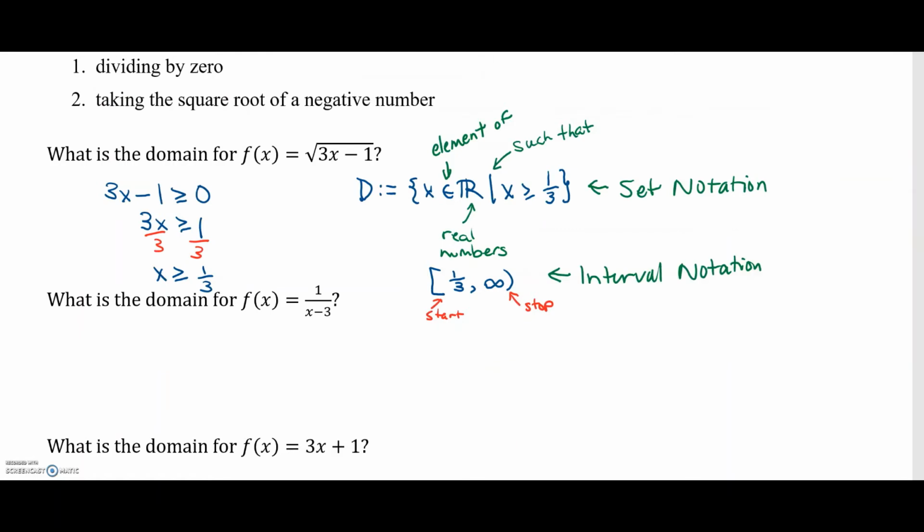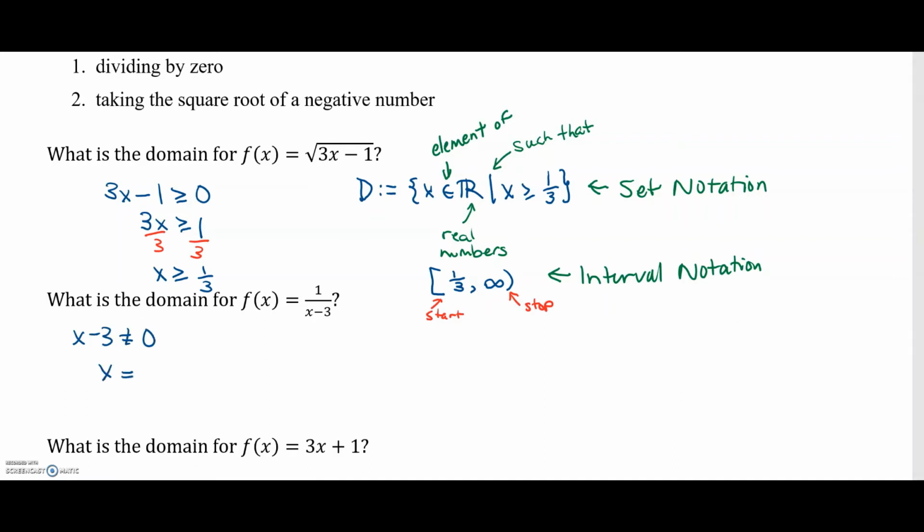So now we've looked at expressing a domain in set notation as well as interval notation for the function f of x equal to the square root of 3x minus 1. Now we're going to do the same thing and find the domain for the function f of x equal to 1 over x minus 3. Remember, we can't divide by 0, which means our denominator cannot equal 0.